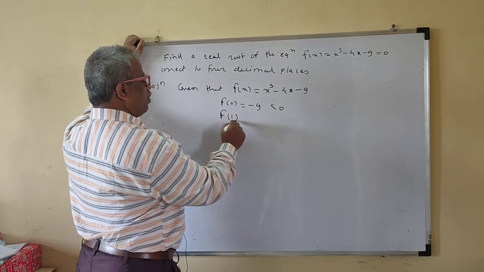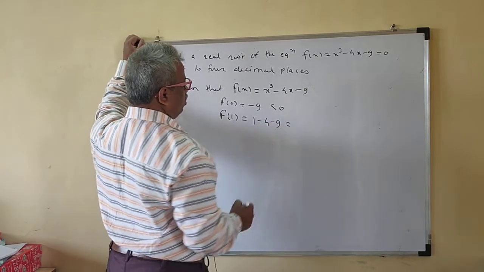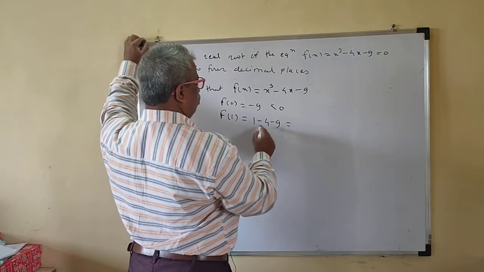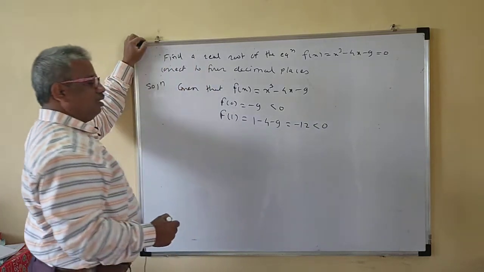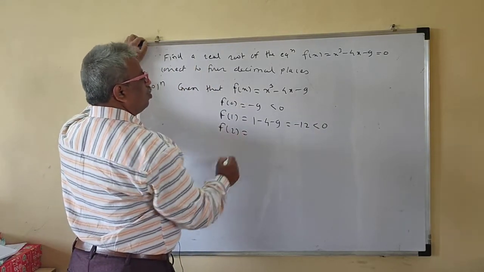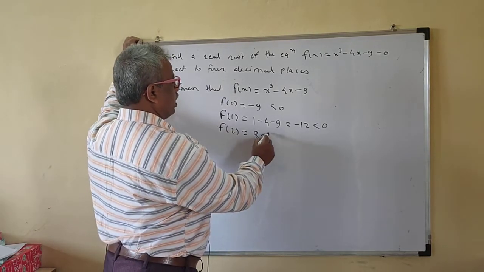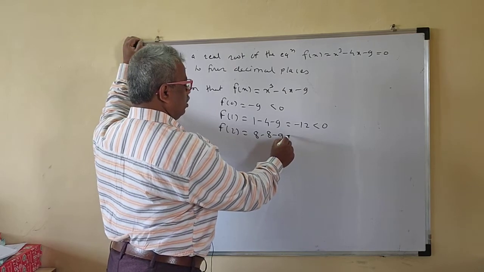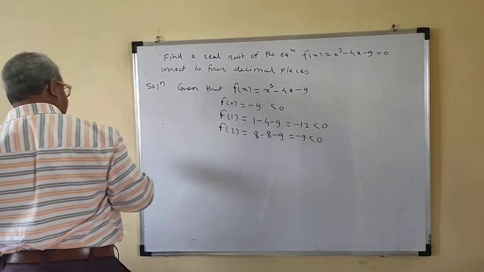We'll do f of 1 now. 1 minus 4 minus 9. No need to find the actual value of this one. Minus 12. Again this is less than 0. So now we will find f of 2. f of 2 is 8 minus 8 minus 9, minus 9. This is less than 0.